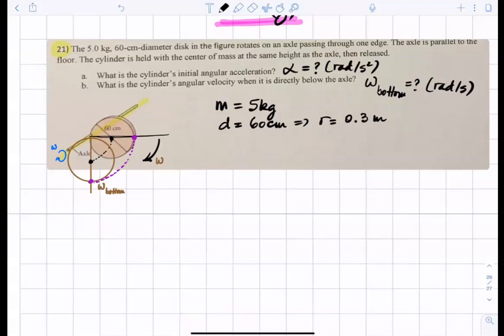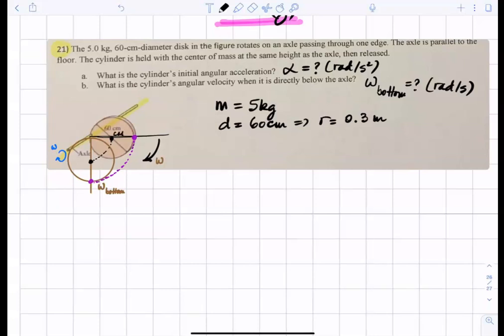Since you have the axle parallel to the floor, and this rotation doesn't happen about the center of mass, you will always have to recall the parallel axis theorem. So first of all, the center of mass should be at the same height as the axle and then released. So this is your center of mass right at this point.